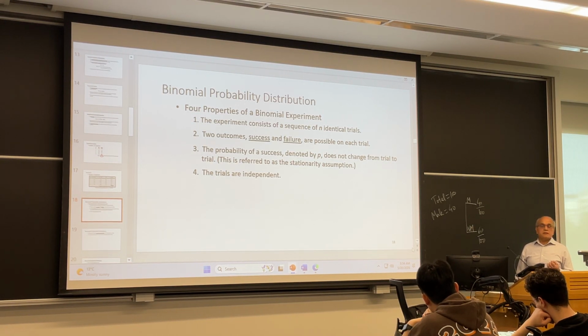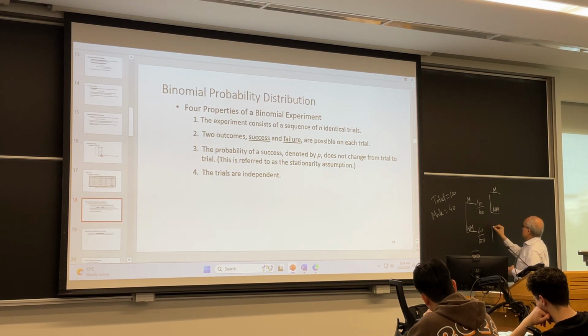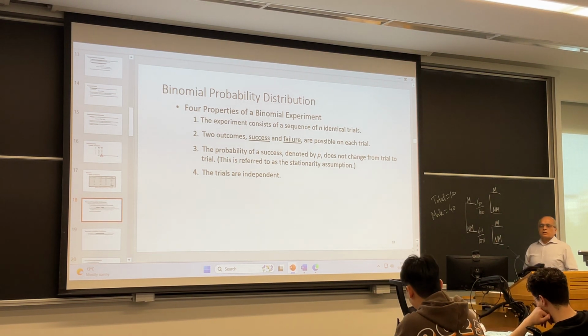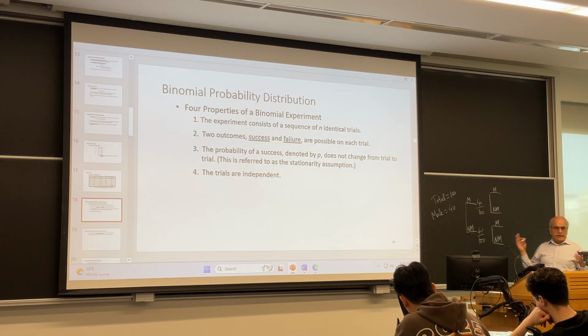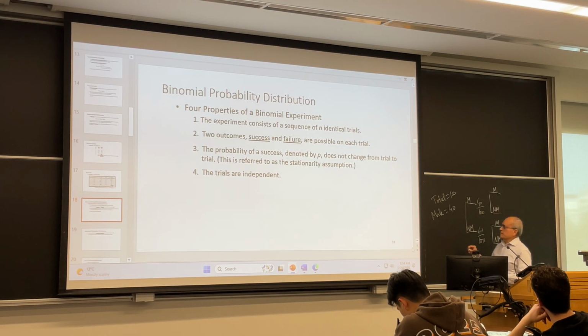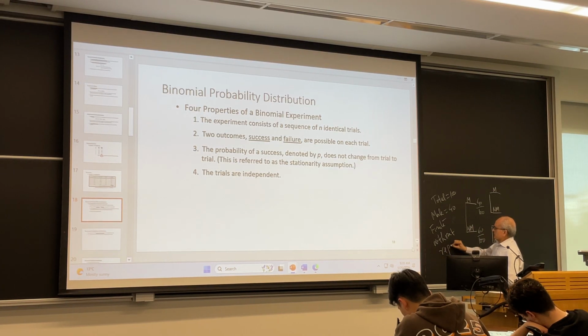What's the probability that this person is a male? 40 over 100 and 60 over 100. This is a finite population and without replacement.